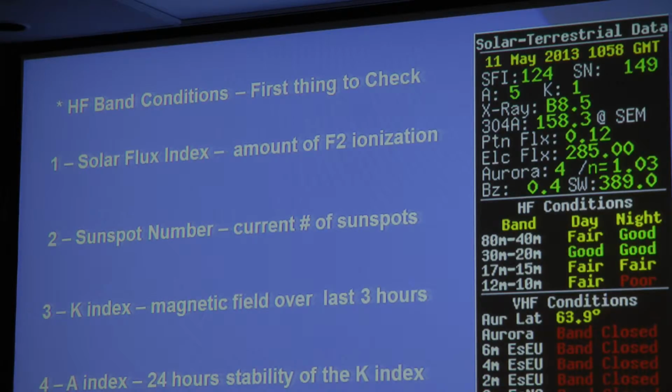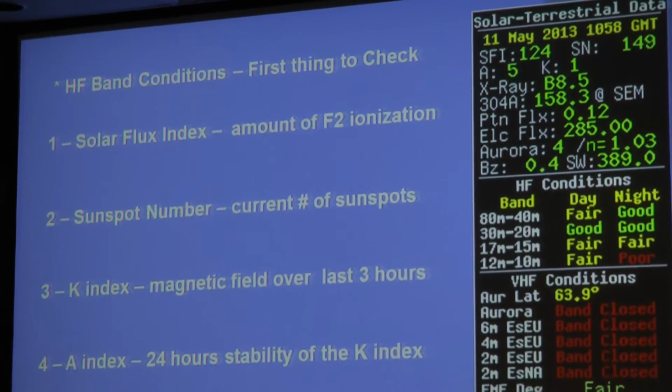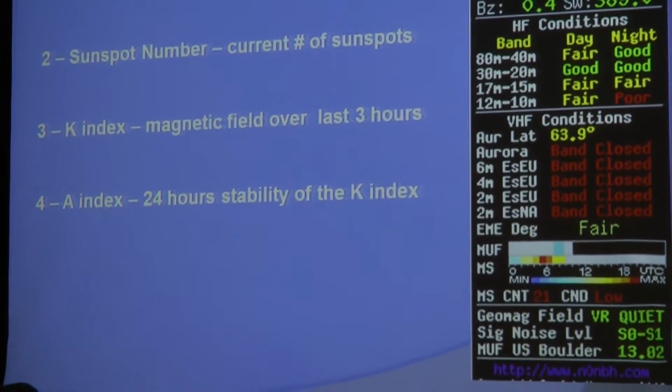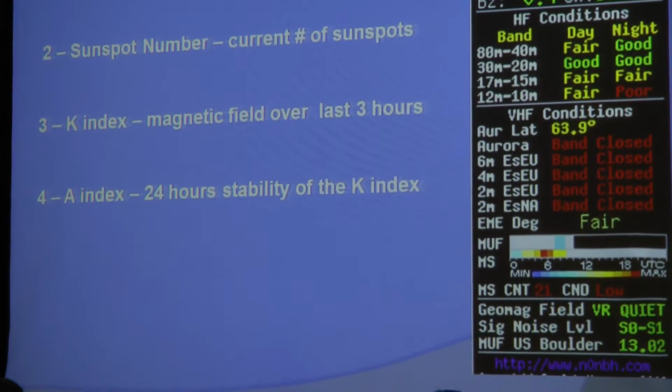Now the A index is also important, but this is an index of the stability of the K index over the last 24 hours. Why is that important?